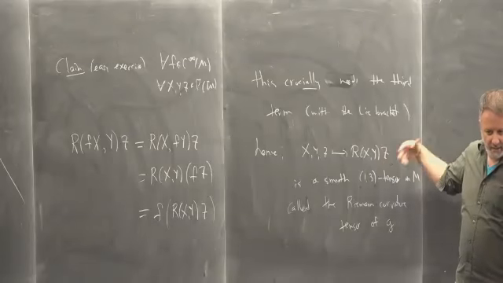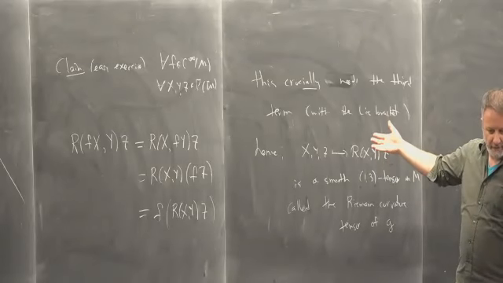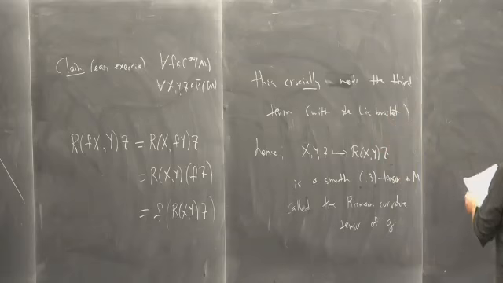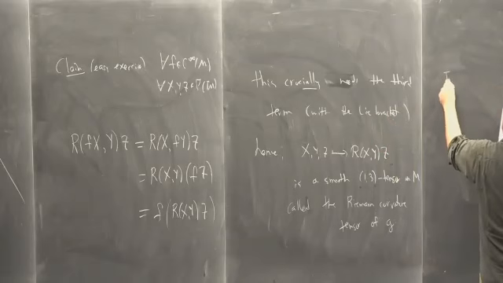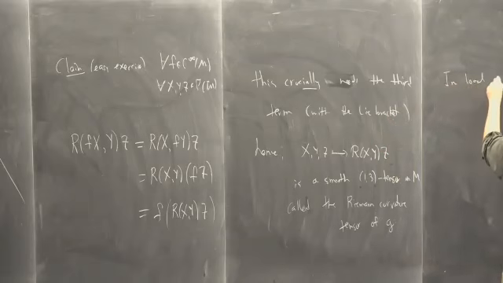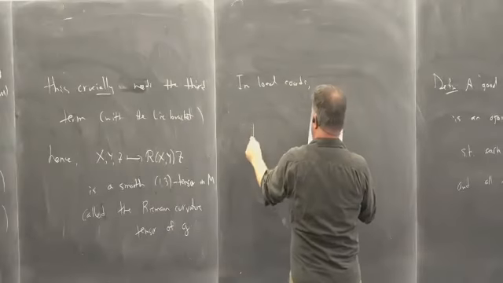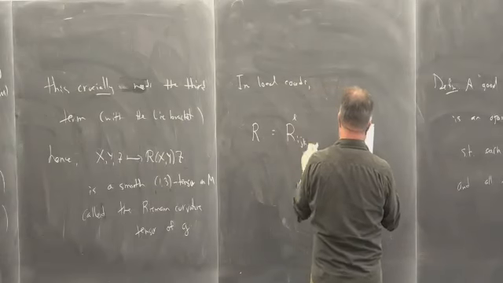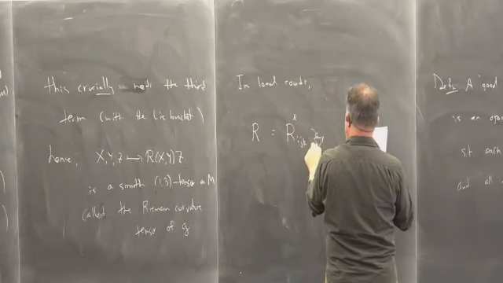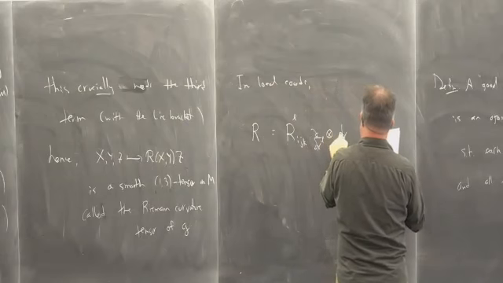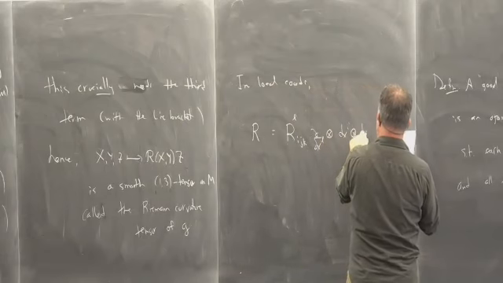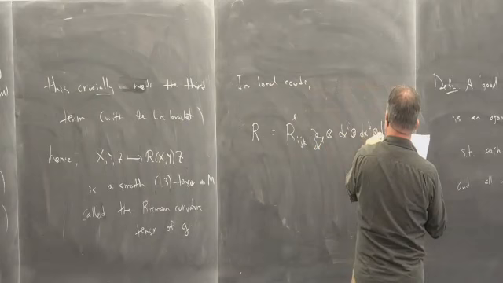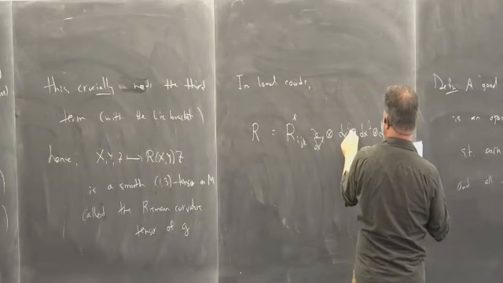That's exactly the kind of object that wants to be fed a covector field, the one form, to give you a function. So in local coordinates, we can write R as R^l_{ijk} d by dxl tensor dxi tensor dxj tensor dxk. Right?